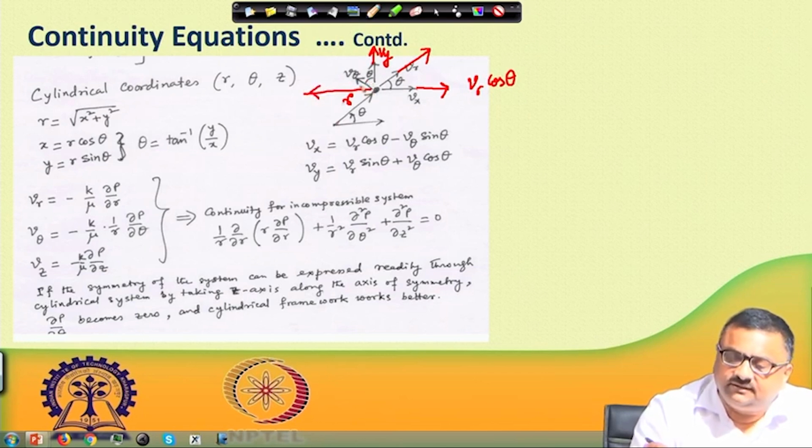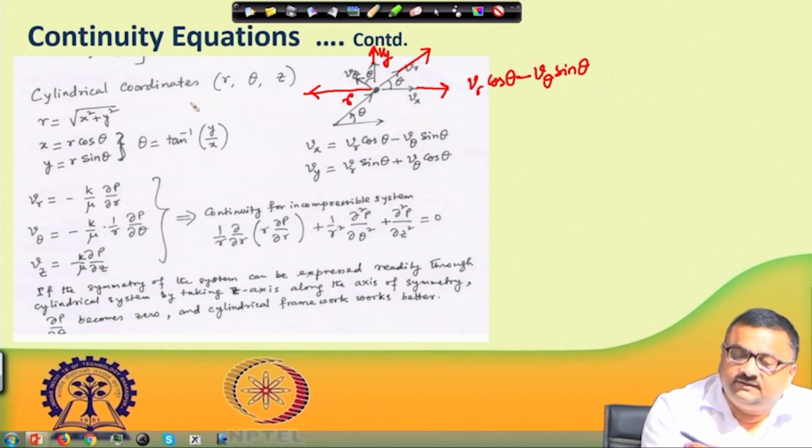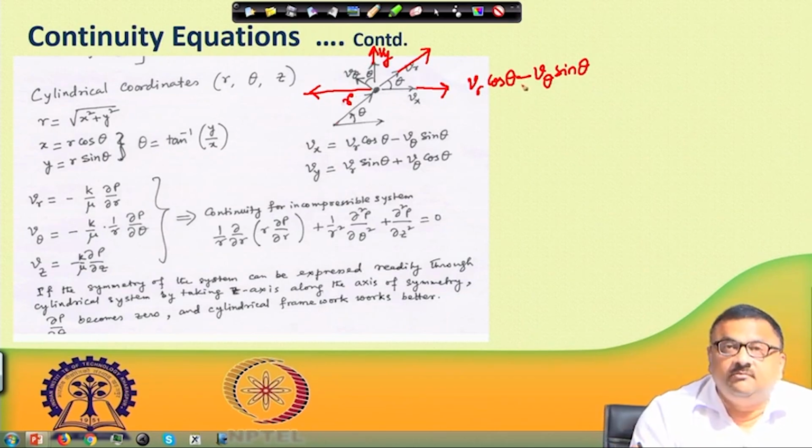If this angle is theta, then this would be 90 degree minus theta. Cos of 90 degree minus theta would be sin theta, and this is in the negative direction of x. So, it would be V theta cos of 90 degree minus theta, in the negative x direction. That is why you have a minus sign here.